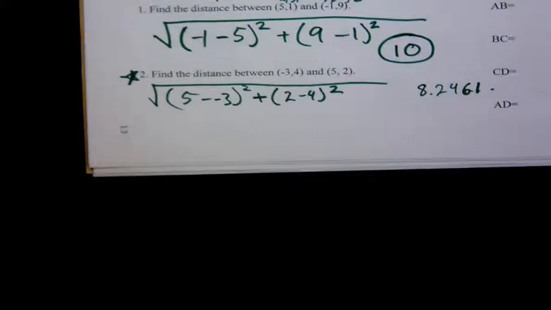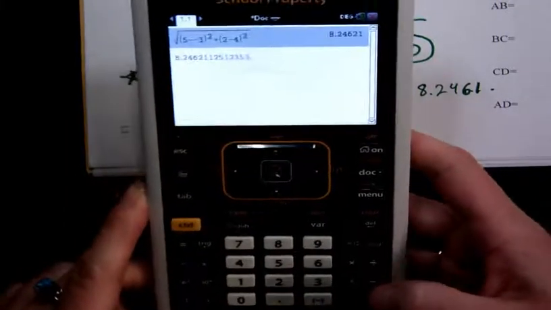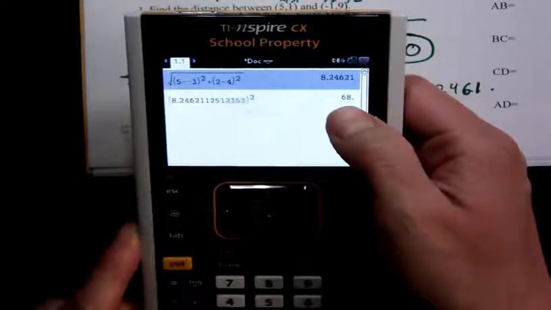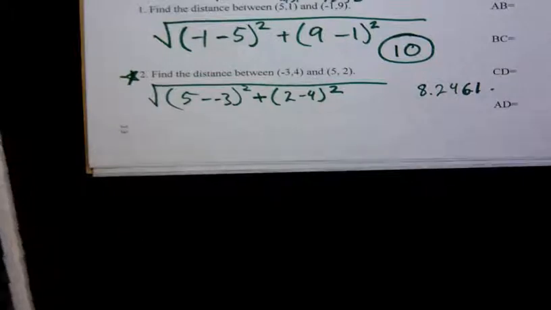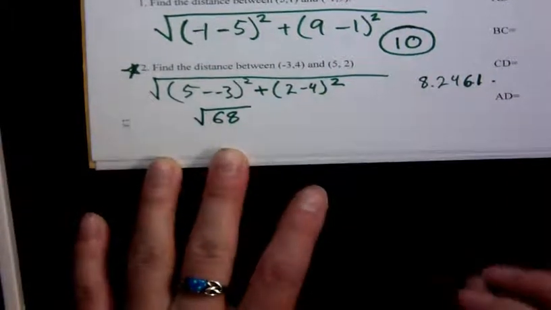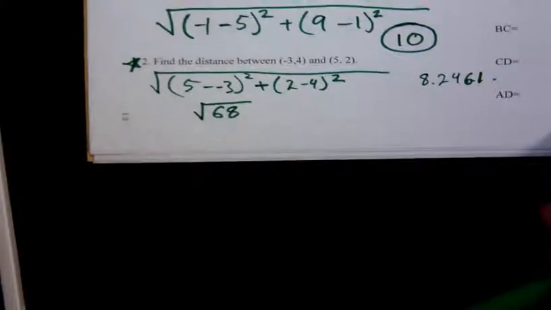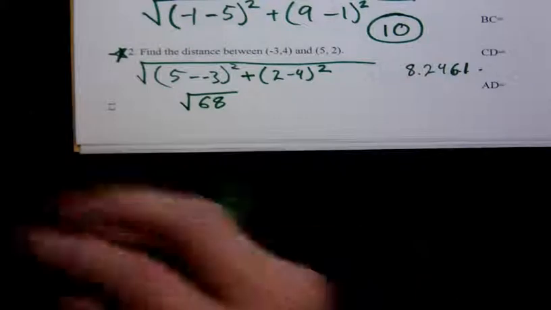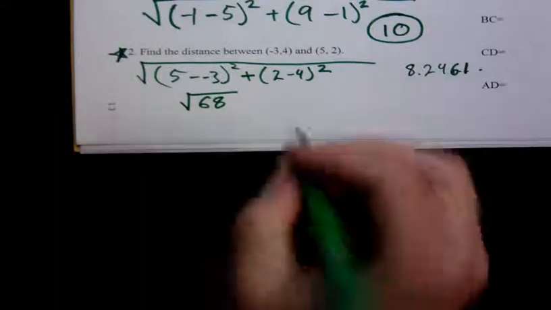If you do it and you find it gives you a decimal answer, just copy the decimal. It'll copy the whole thing for you. Square it. It gives you a whole number of 68. So then we're going to write this instead as square root of 68. Okay? We aren't doing decimals. When we have square root of 68, can that simplify? Yes.